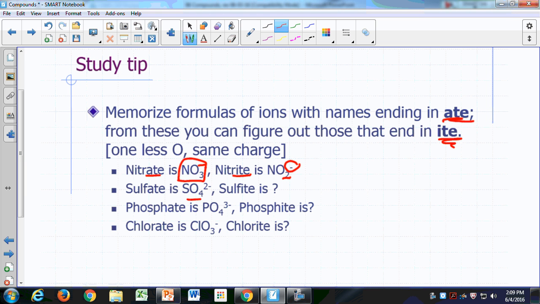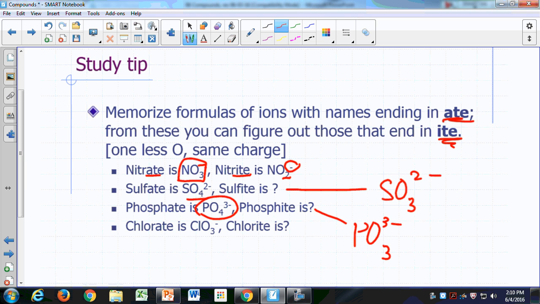Sulfate is SO4 -2. What would be the formula for sulfite? SO3 -2. Phosphate is PO4 -3, so phosphite is PO3 -3. Chlorate is ClO3 -1, so chlorite is? Okay, good.